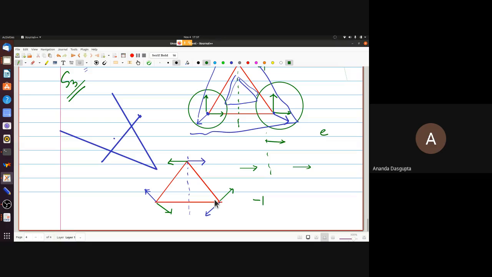Okay. What about under a rotation? If I were to rotate about 120 degrees, what will happen? It won't pick up anything. This arrow will become this arrow, this arrow will become this arrow, and this one will become this one.